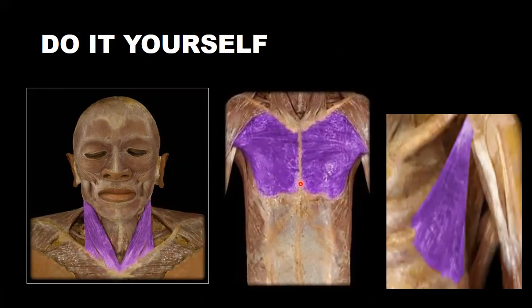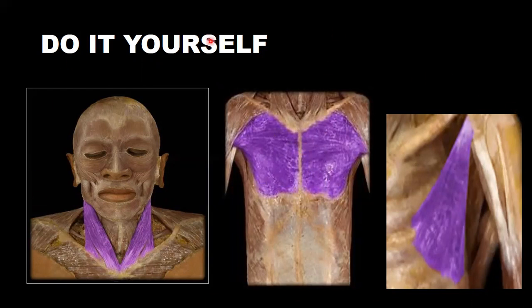Then this is our pectoralis major muscle, which arises from the corresponding half of the manubrium over here.